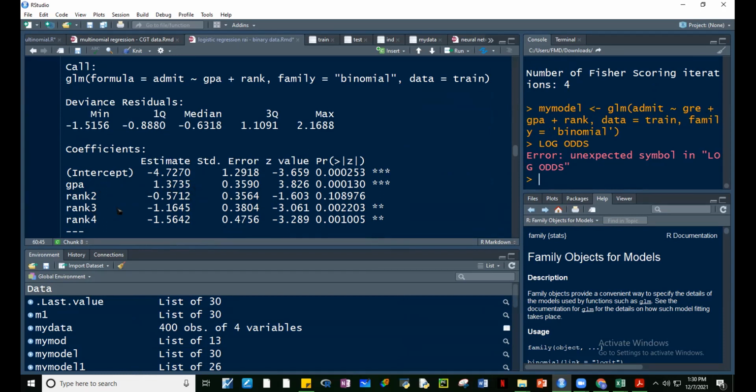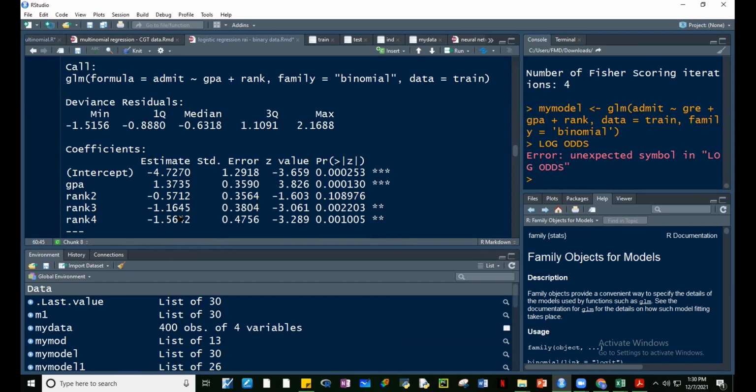Si rank 3 naman, while you're going further and further away from rank 1, kasi di ba si rank 3 mas mababa kayo sa rank 1. So si rank 3 daw, there's a 1.16 less log odds chance of being accepted into the university in comparison to rank 1.